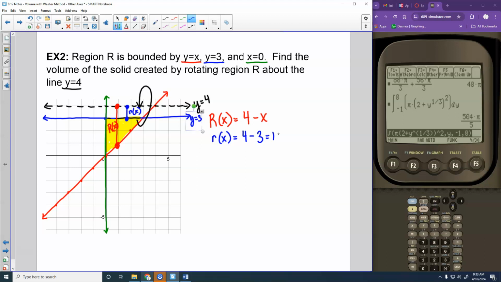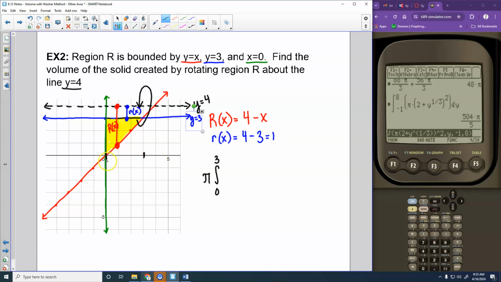Okay, questions there? All right, so now that you've got capital R and lowercase r, you're just setting it up like you were yesterday, right? You can do it with separate integrals, you can do them together, it doesn't matter. If you do it separate, it'll look like this. Pi integral, what should the limits be? 0 to 3, because we're still looking at our x-axis, because we're in terms of x, right?